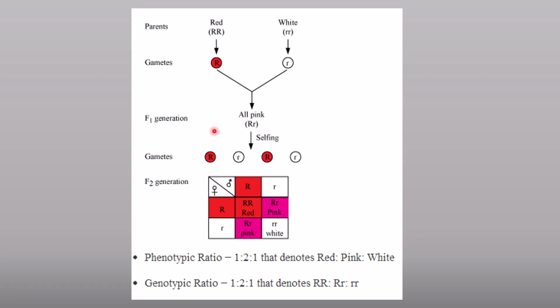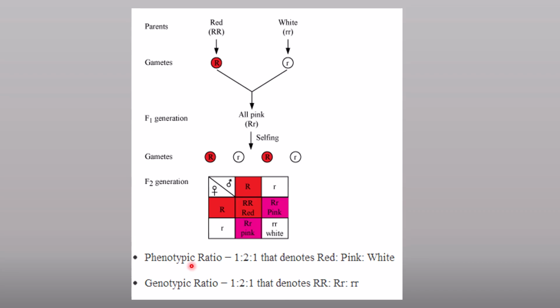When these F1 hybrids were crossed or self-fertilized, gamete formation happens. R goes to one gamete, the small r goes to the other gamete. When these are randomly crossed, the F2 generation has three different phenotypes. The homozygous dominant gave red colored flowers, the heterozygous gave pink colored flowers, and the homozygous recessive gave white colored flowers.